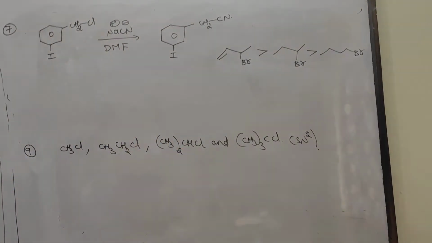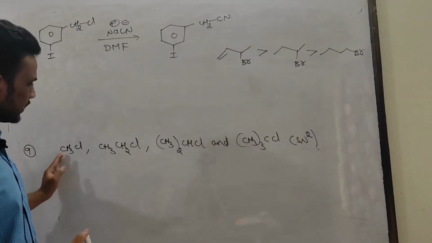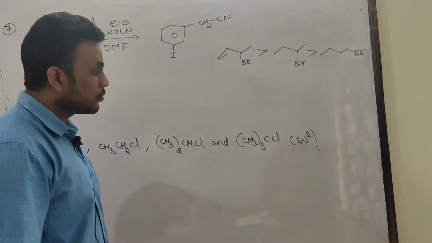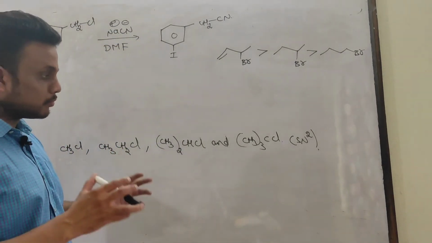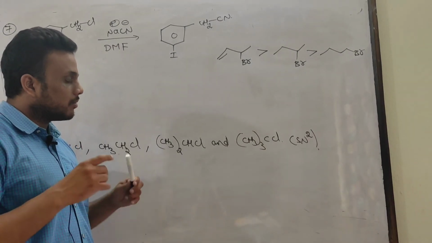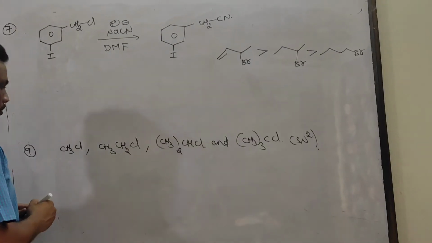Let's solve the final question of today's session. We are given 4 compounds. We are asked to write the correct order towards SN2, not the most reactive or least reactive, so the order of reactivity towards SN2. How to write?